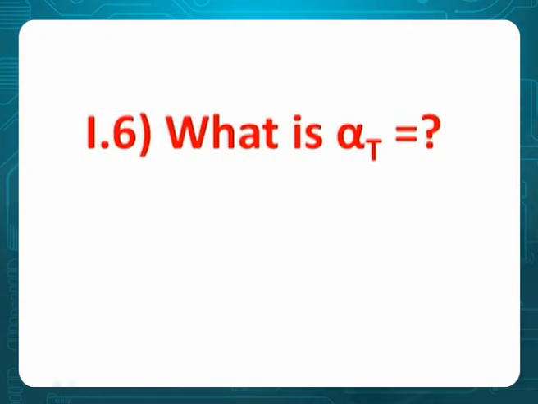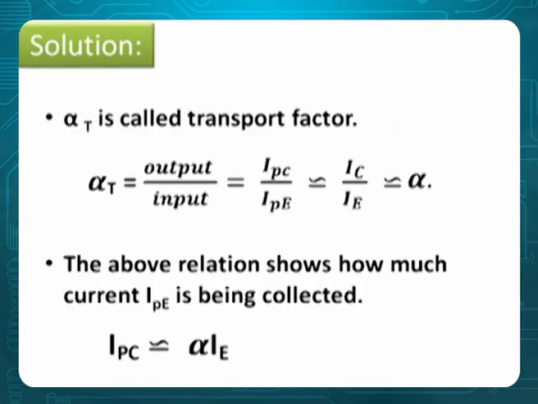Then 6th question. What is alpha T? Alpha T basically means transport factor, but how is it defined? T for transport factor, because we are transporting IPE to IPC. Whatever is given at the emitter, something goes into the collector and something is lost in the base. Therefore, how much is being transported?